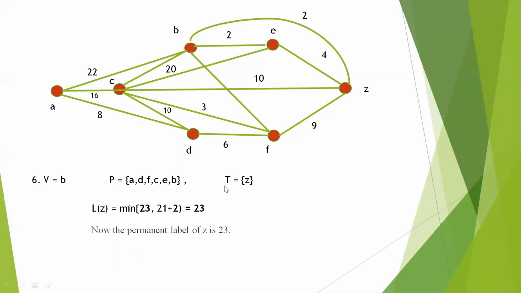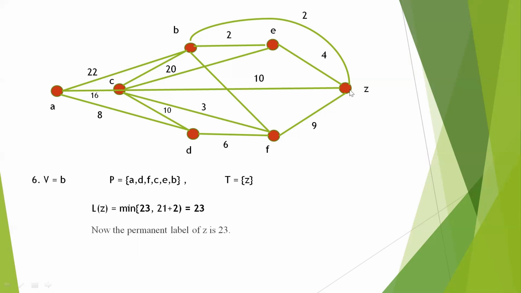And only one node is remaining, which is Z. If we calculate the weight, it is equal to 23. So now the permanent label of Z is equal to 23. So the shortest path length from A to Z is equal to 23.